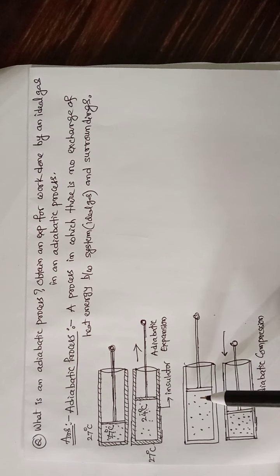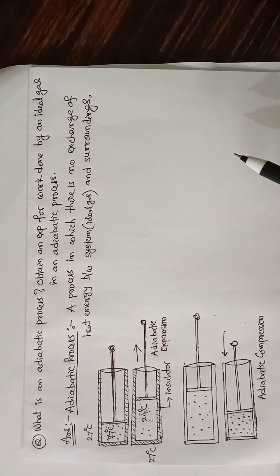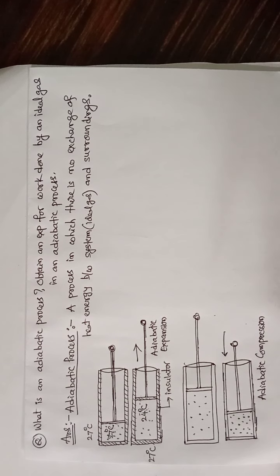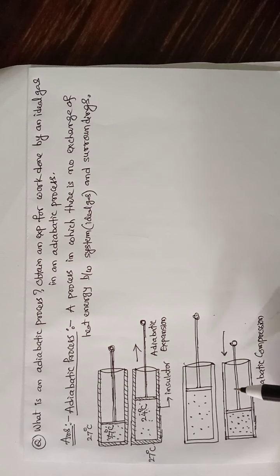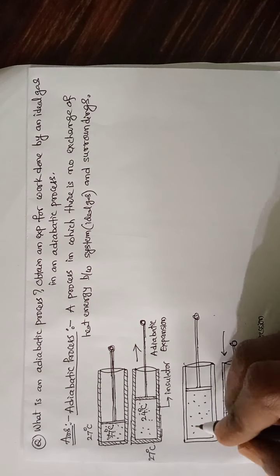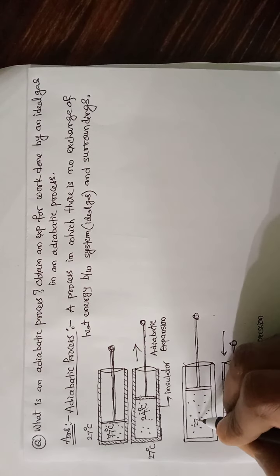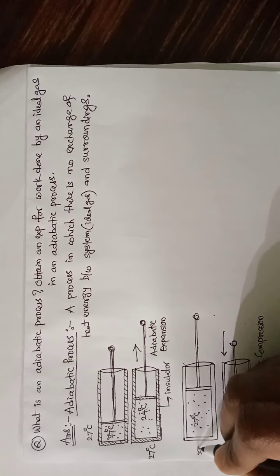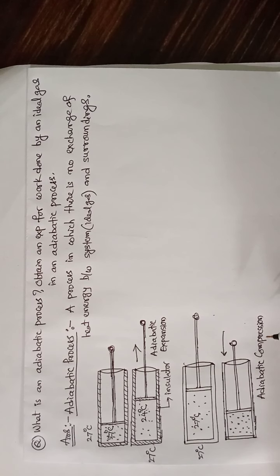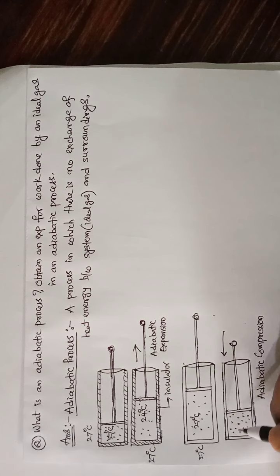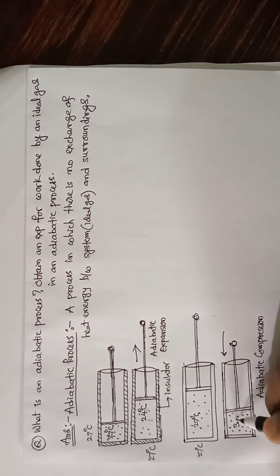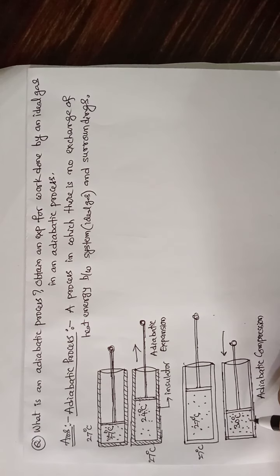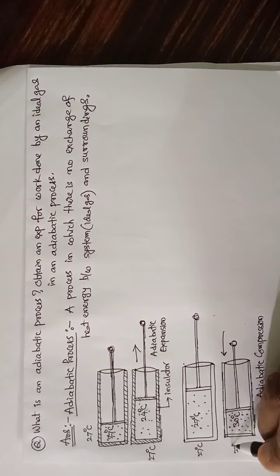When you compress the gas, then pressure increases. Temperature also increases. Suppose here the temperature is 27 degrees centigrade and surrounding also 27 degrees centigrade. Now this has become 30 degrees centigrade and here only 27 degrees centigrade.